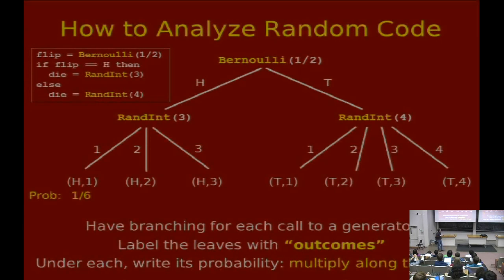This one is also 1/6, and this is 1/6. And what's the probability of tails 1? 1/8, yeah, because it's a half times a quarter. Good. And you may notice that, as you might expect, these numbers all add up to 1. That accounts for all possible probability of outcomes.